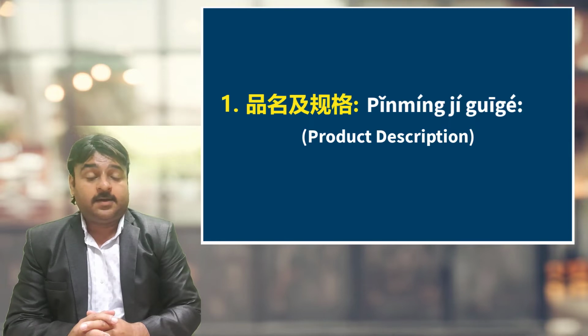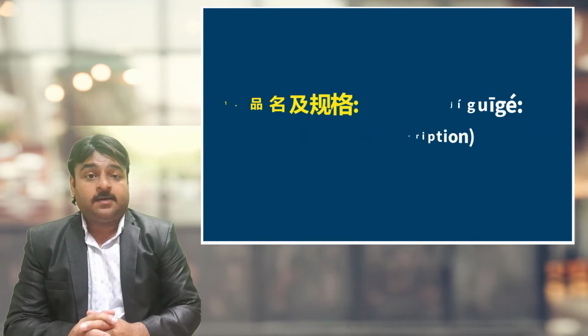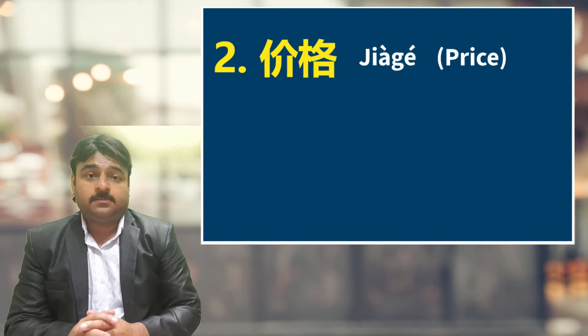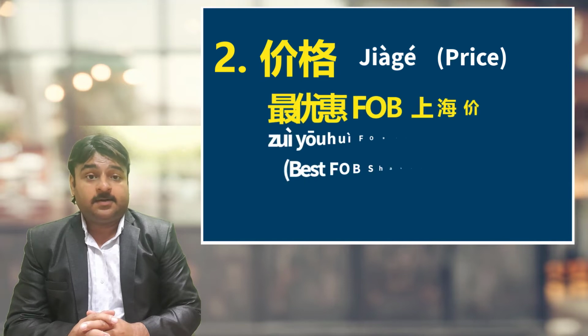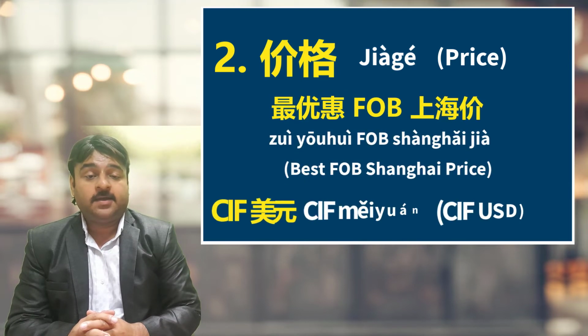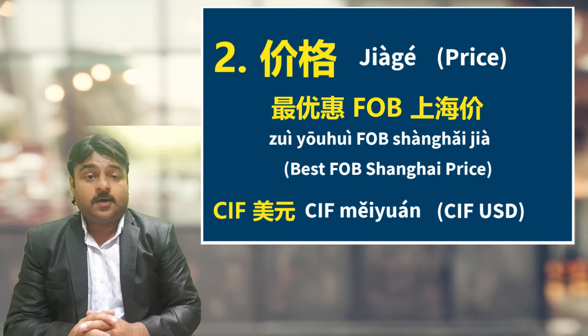So you have to clearly mention the product, the description, and specifications. Second is price. There can be many forms of prices. For example, it could be price per unit, price per container, CIF price, FOB price. So you have to be clear about what price you are asking.